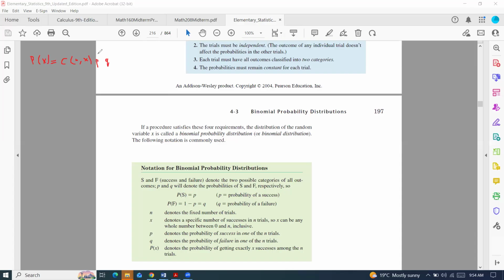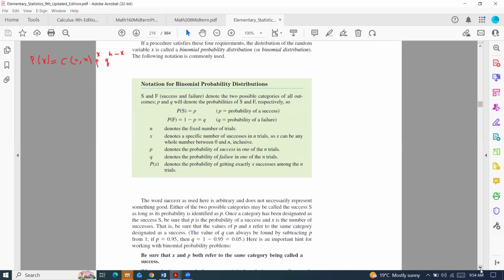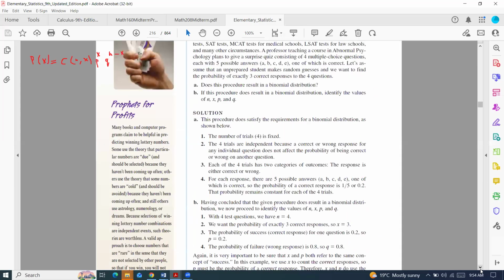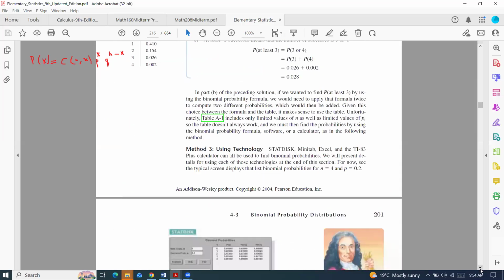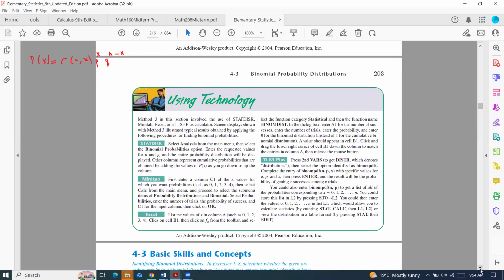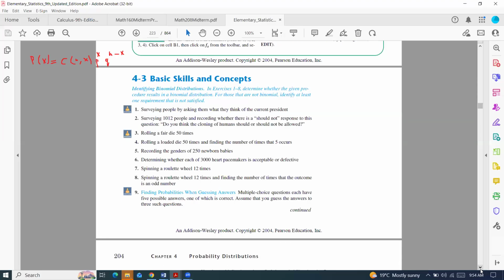And the probability p is raised to the power of the number of successes and q to the power of n minus the number of successes. So with this formula, we will practice visualizing that all exercises are really going to be the same, and that's very helpful. So I'm going to take an exercise and do it.